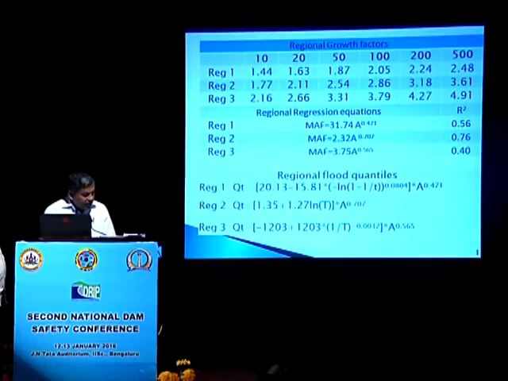Once we wanted to find out the subregions in the Krishna Basin, we adopted this L moment approach, and we got these three regions as explained by my senior. This regional bifurcation, or identification of homogeneous regions, involves the discordancy, heterogeneity, and identification of the best fit distribution to formulate the zonal equations.